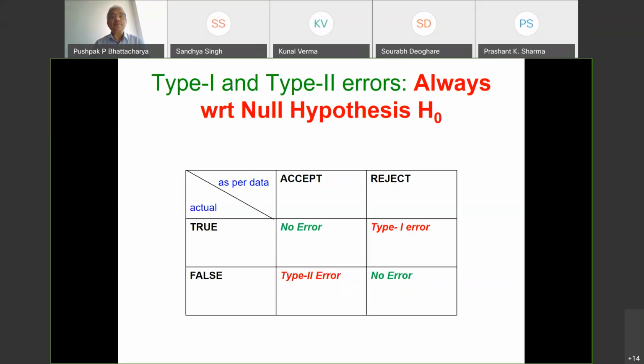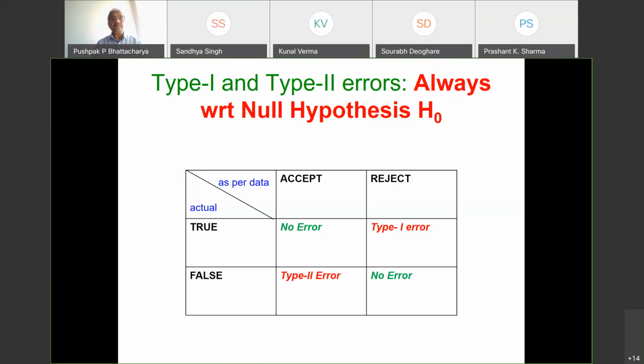Now, type 1 and type 2 errors are always with respect to the null hypothesis. So depending on the situation and the problem, we formulate the null hypothesis, which is notated as H0. And remember always that our goal is to reject the null hypothesis.